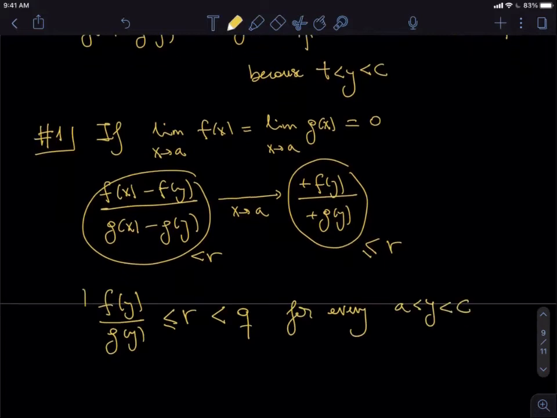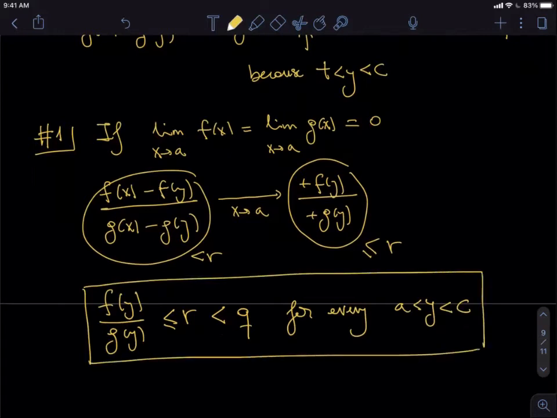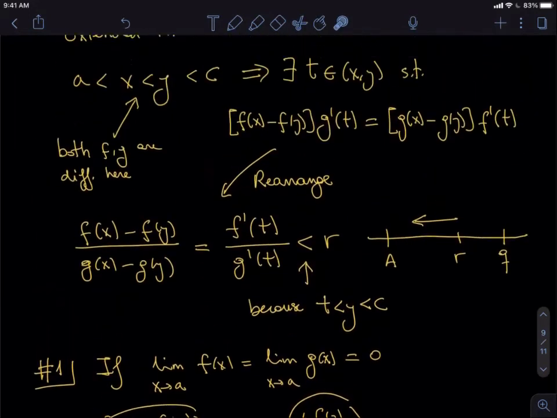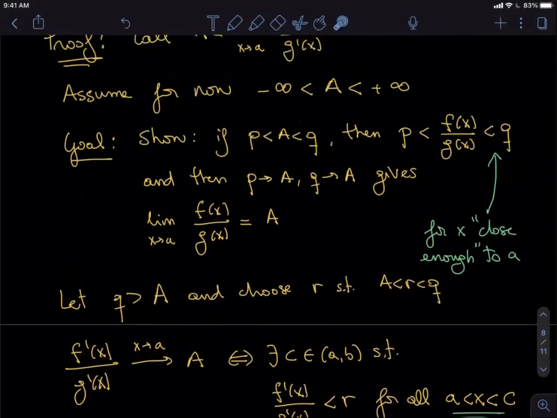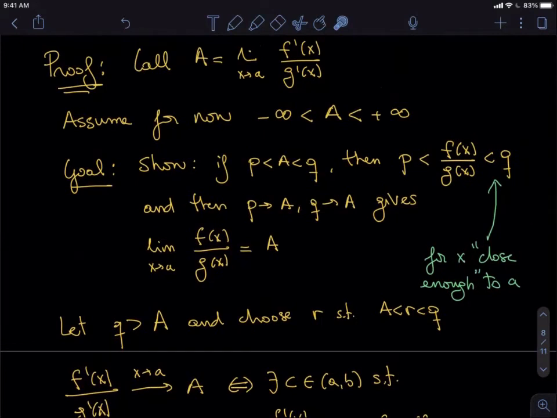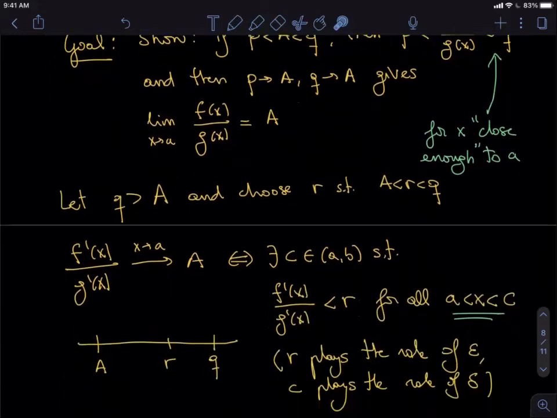Okay, so here this is the first part. Notice, let's go back to the goal we had. Okay, we wanted to show that if a less than q, then f(x) divided by g(x) less than q for x close enough to a. That is precisely what we have proved.